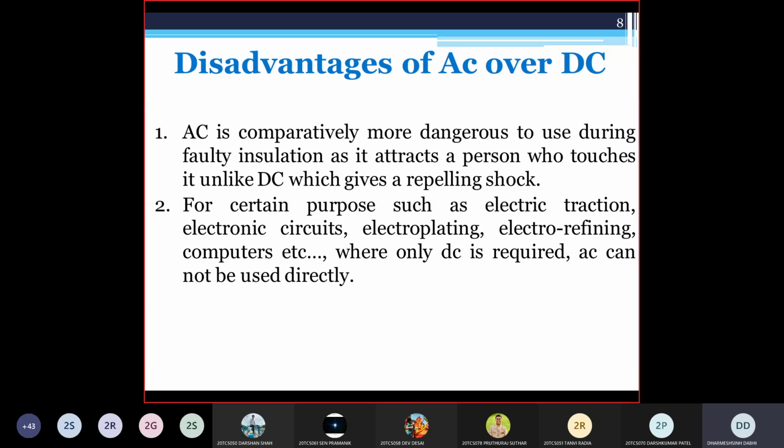So in that case, AC we cannot use. So this we can say is the advantage of DC, or the disadvantage of AC, where only DC is required. AC cannot be used directly. So for that we require the rectifier circuit to convert the AC into DC. So these are the disadvantages of AC over the DC. Do you all understand?